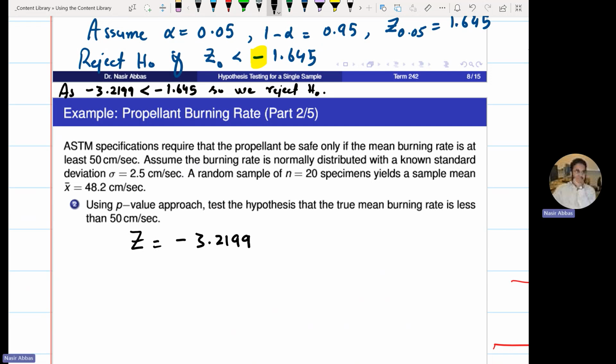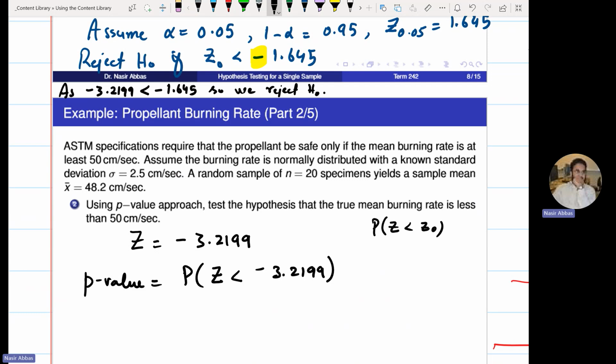Now, the slide says that p-value is the probability in Z distribution less than minus 3.2199. This is what the slide said. Probability of Z less than Z naught. Z naught is the value that you get from the question, which is minus 3.2199.